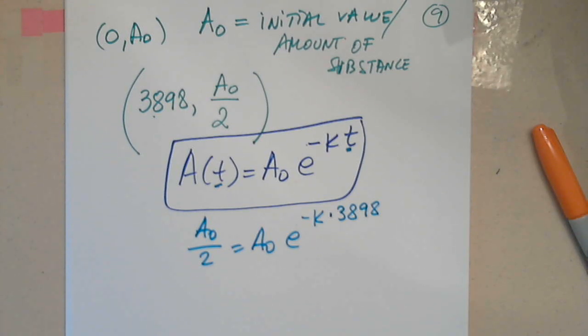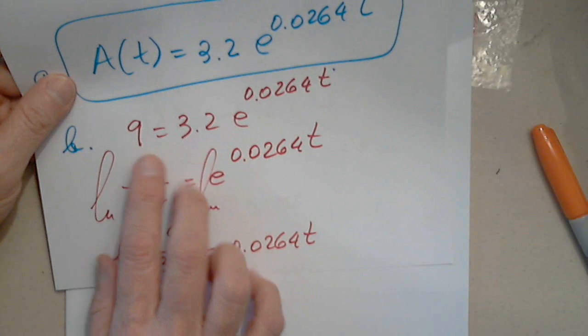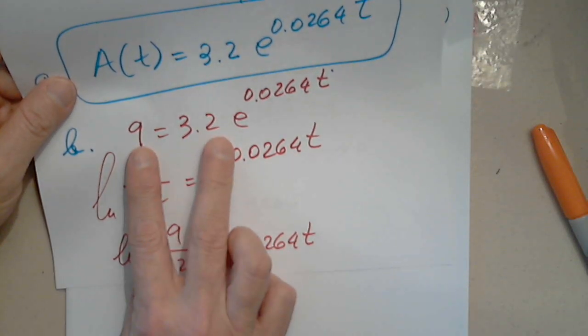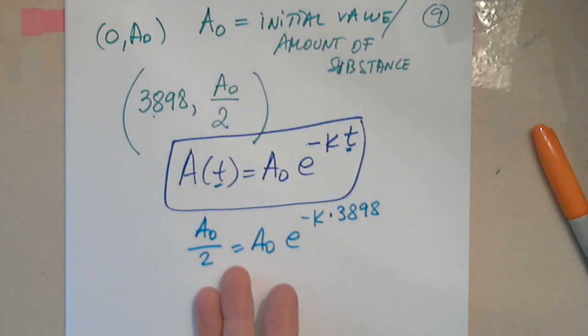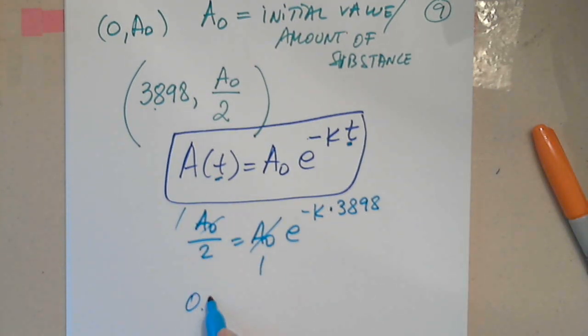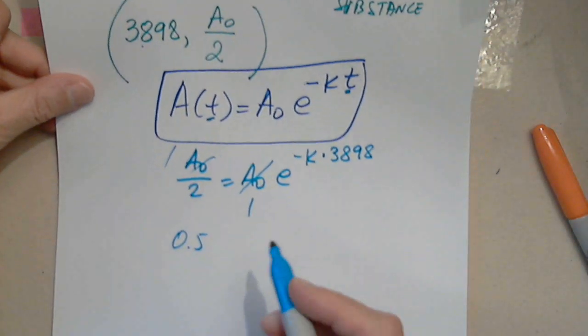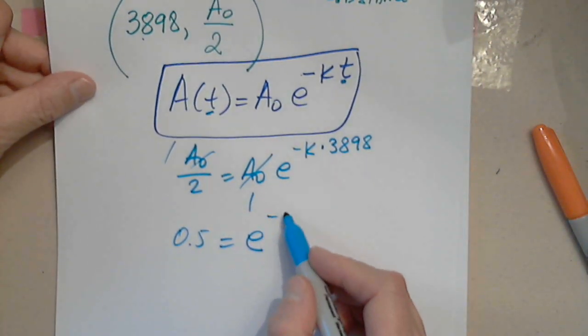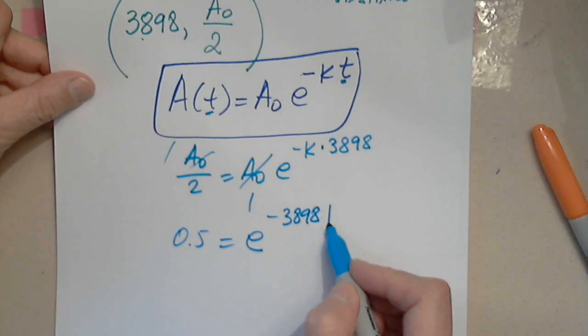Like before, you see the pattern. What did we do next? Of course we divided by A0, so A0 goes away. The left-hand side is 0.5. The right-hand side is e to negative 3.898k.